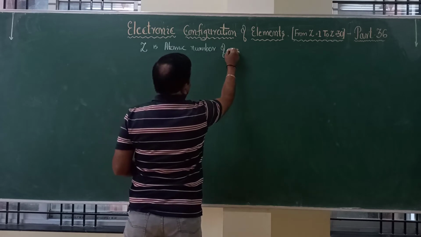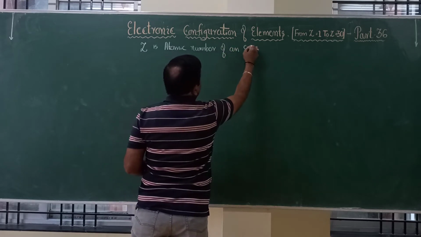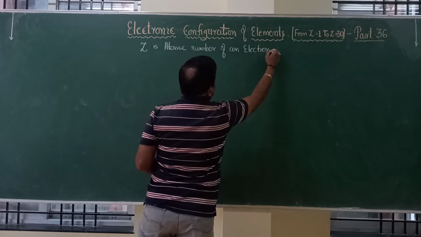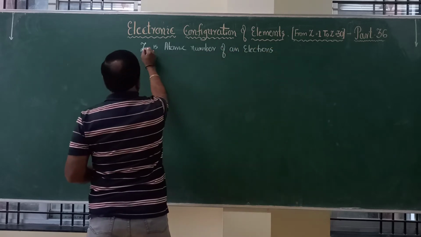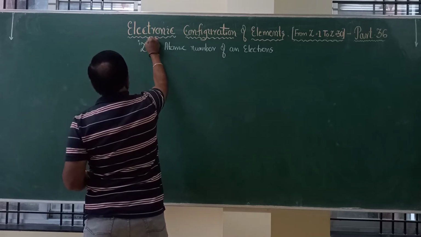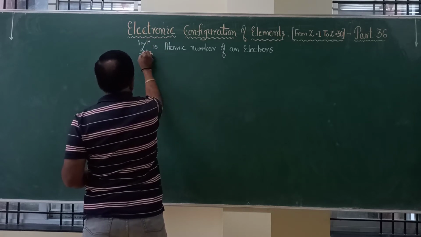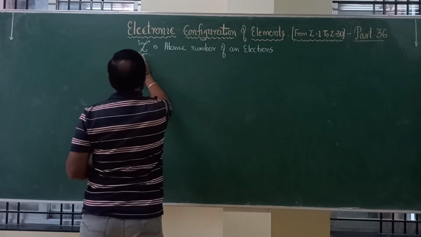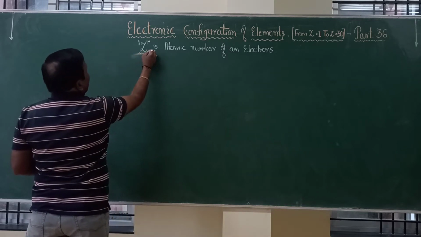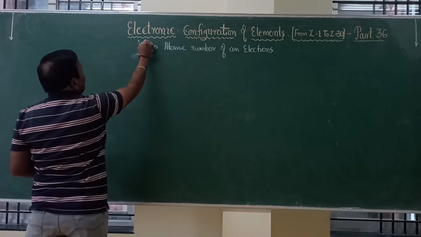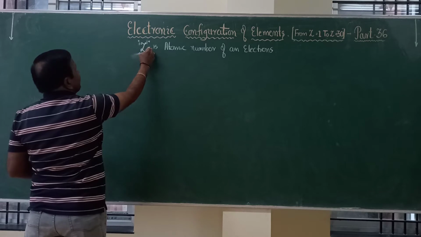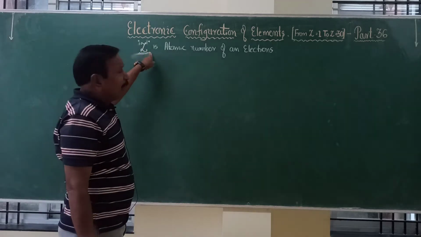Atomic number of an element will give you the number of protons exactly. But since in a neutral atom the number of electrons is equal to the number of protons, we are going to consider that point here.